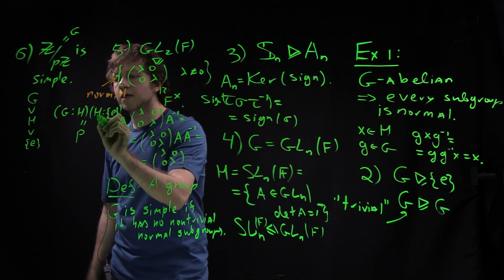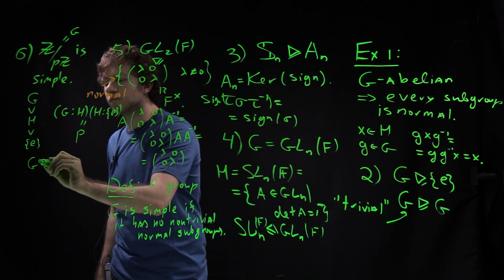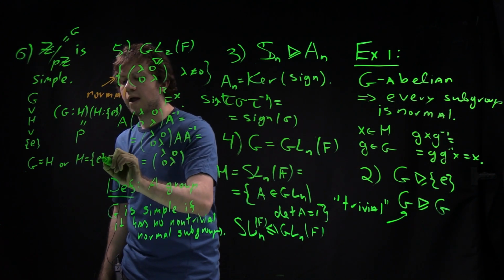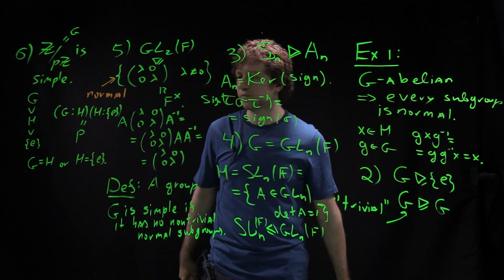And so G equals H, or H equals the identity. And so it means that this one is simple.